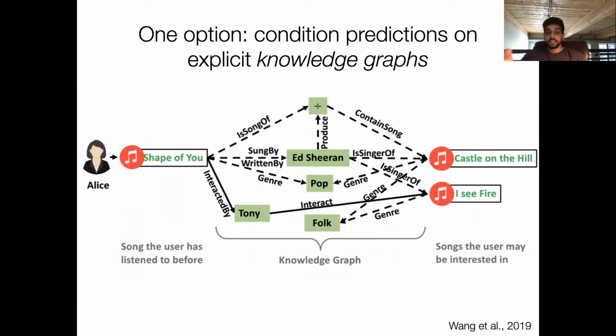This might be a better way for a song recommendation model to come up with plausible, reasonable songs that a person might be interested in.